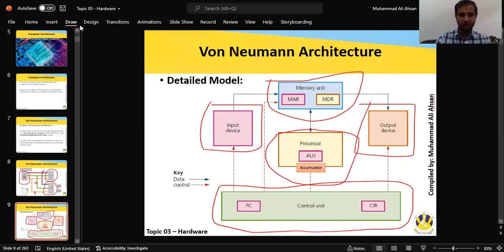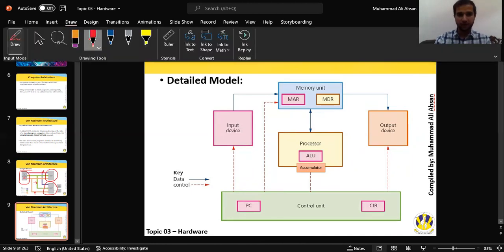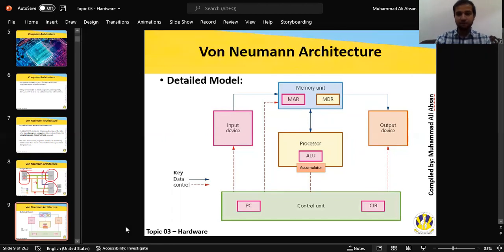Okay, so now let's go into the details and see what we have to study regarding each component inside the computer architecture. Starting with the first thing, you're going to note that inside each component, further subdivisions can be seen. For example, in the control unit, you have a box mentioned with the abbreviation PC, and another box specified as CIR.